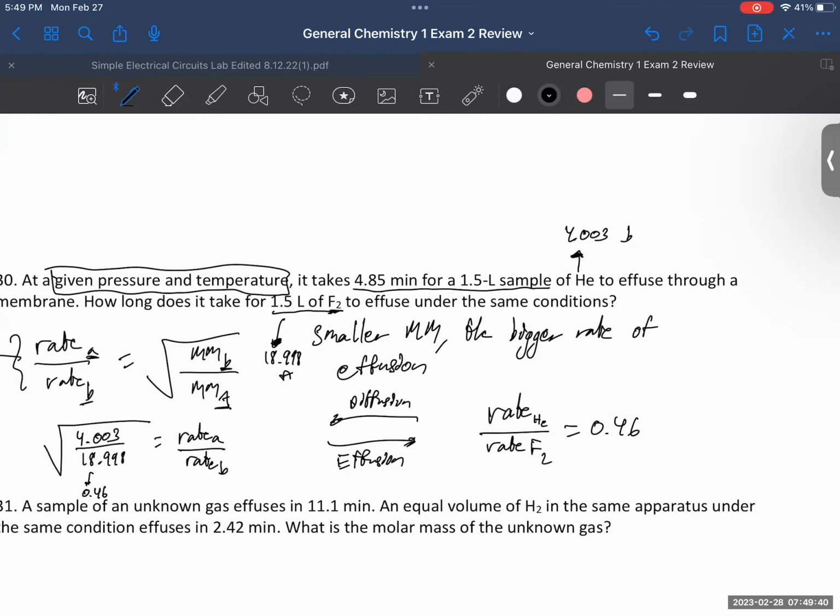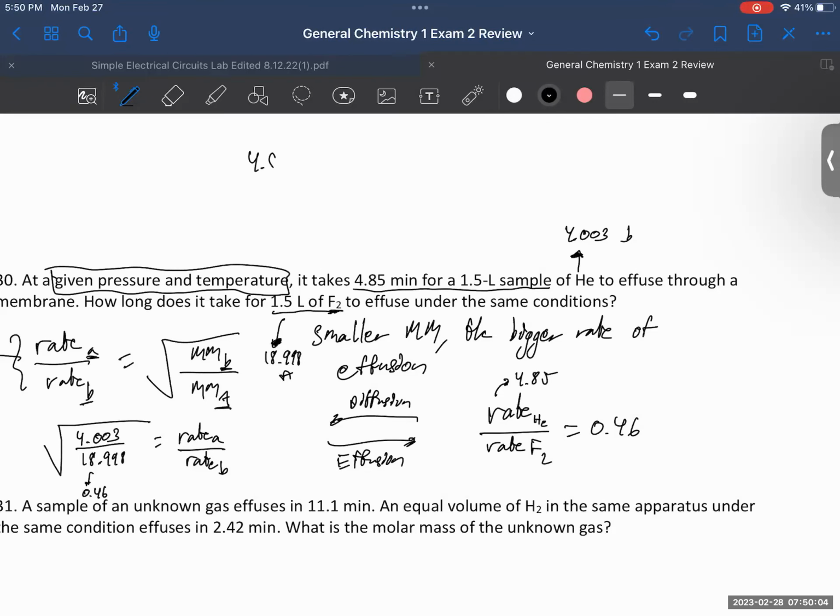So here, right, 4.85 minutes and a 1.5 liter sample to effuse through the membrane. So if it takes 4.85 minutes for helium to effuse, helium we can plug in right here is 4.85.